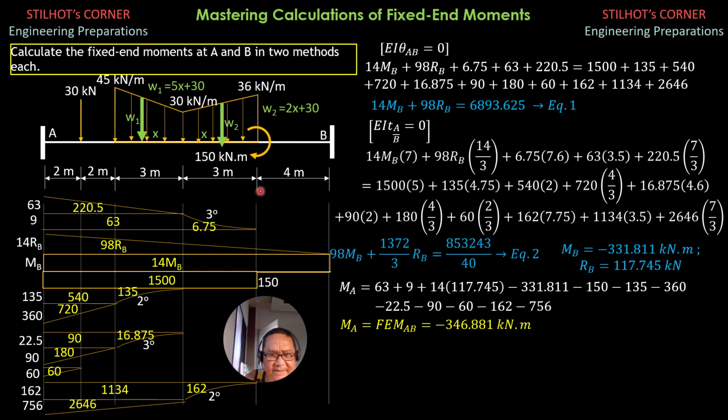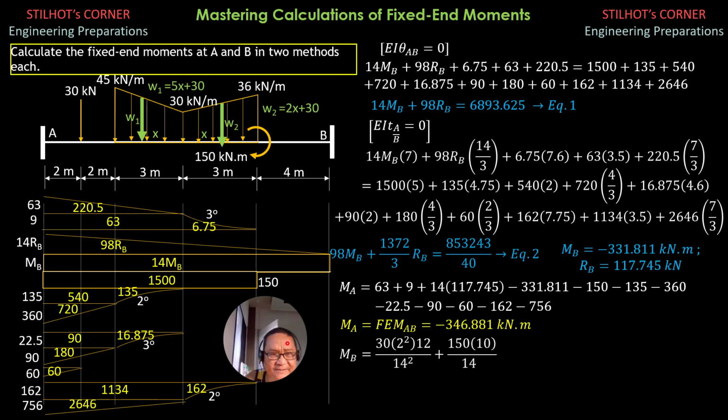So fixed moment AB, or moment at A, is counterclockwise due to this load: 30 times 2 times 12 square over 14 square. Remember the formula.